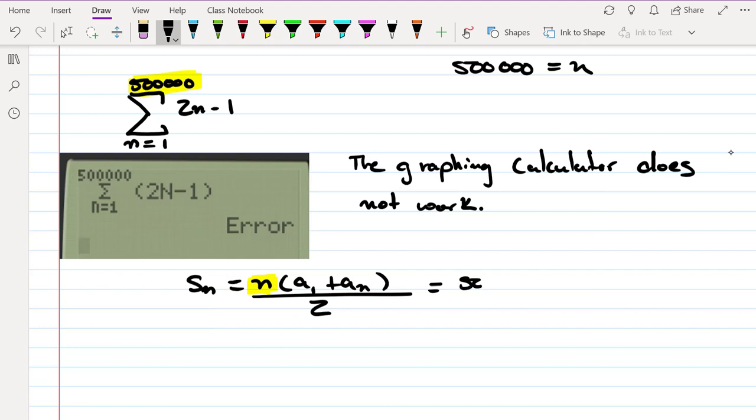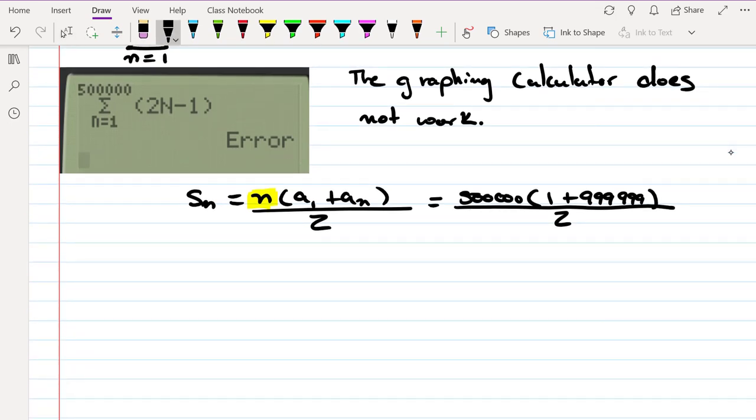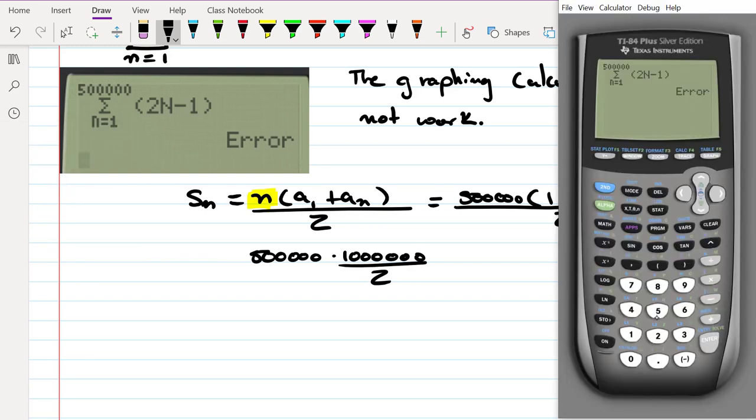So we're going to have 500,000 times our first term was 1, and our last term was 999,999. And then we divide all of this by 2. So that gives us 500,000 times 1,000,000 over 2. And this we can put into our calculator.